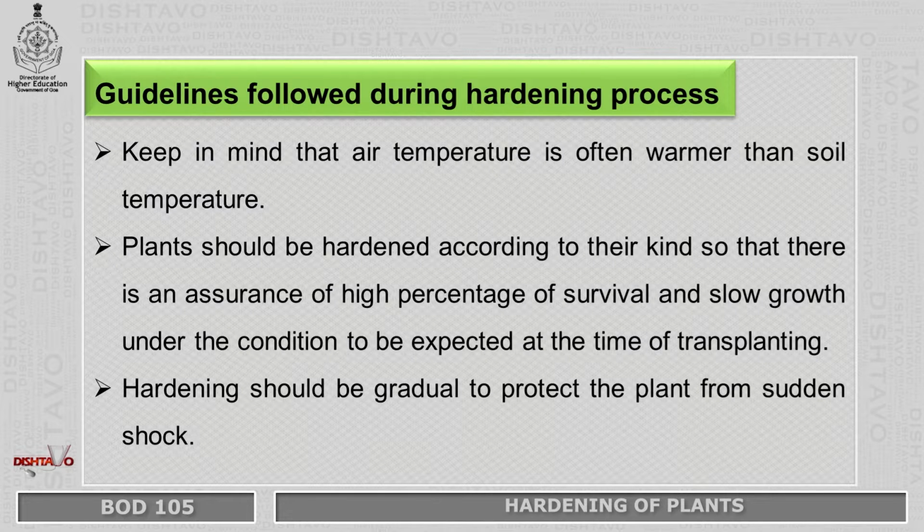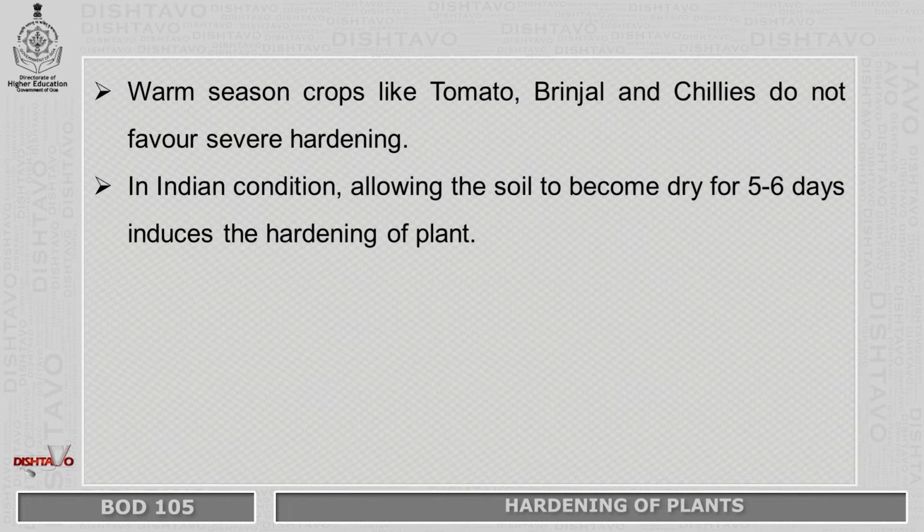Hardening should be gradual to protect the plant from sudden shock. Warm season crops like tomato, brinjal, and chilies do not favor severe hardening. In Indian condition, allowing the soil to become dry for 5 to 6 days induces hardening of plants.